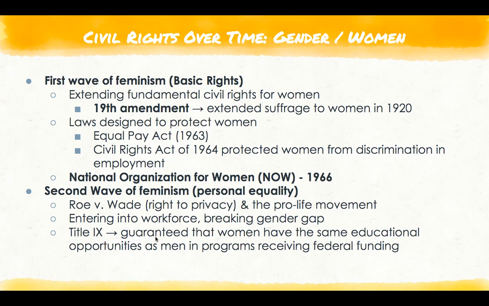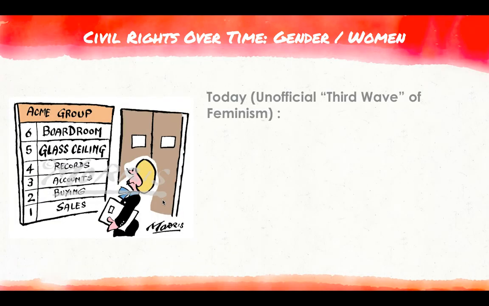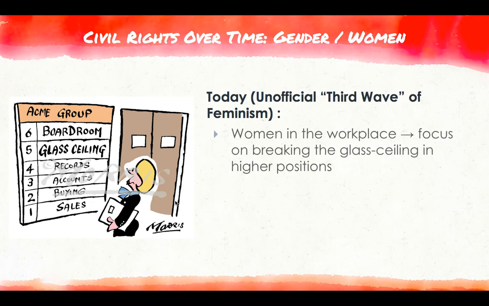So this really impacts colleges a lot. And basically, it just says that colleges must provide opportunities that are equal for both sexes in proportionate numbers. So oftentimes, Title IX will impact sports programs, for example, in colleges.